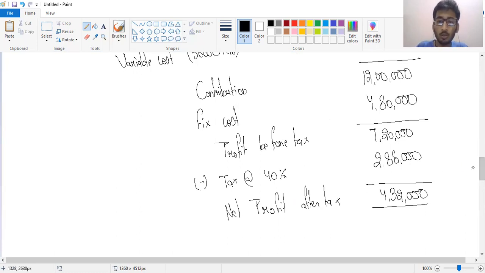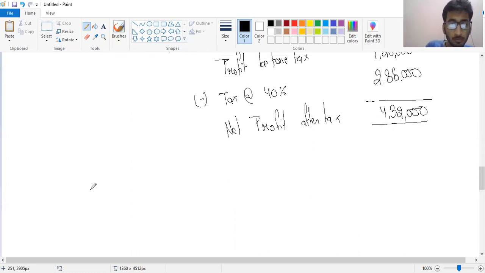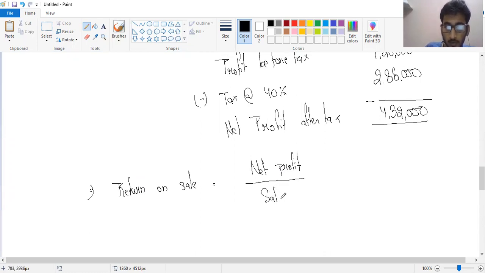Now, what the question basically asking us to calculate? Question is asking us to calculate net return on sale. Return on sale means net profit divided by sale multiplied by 100.